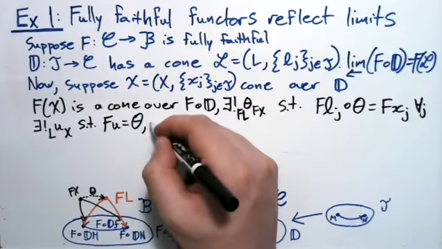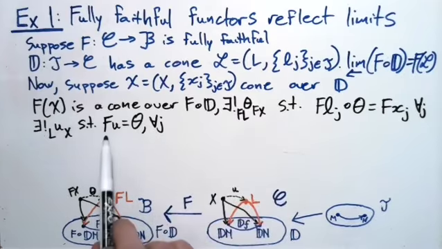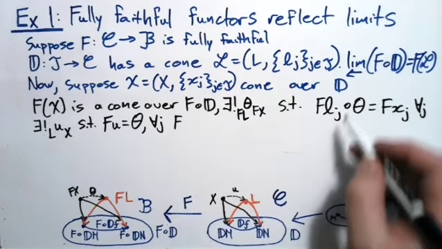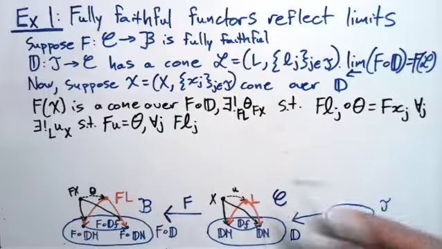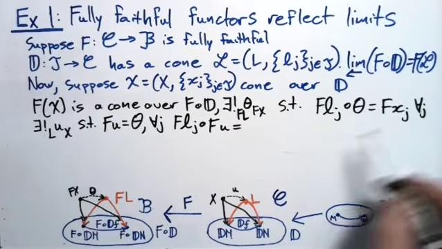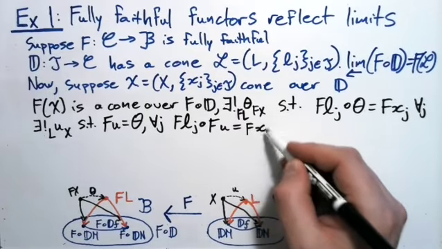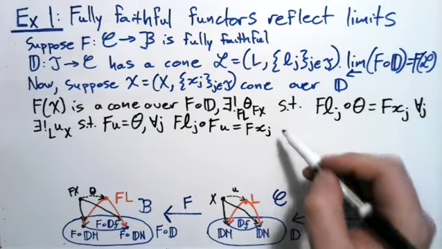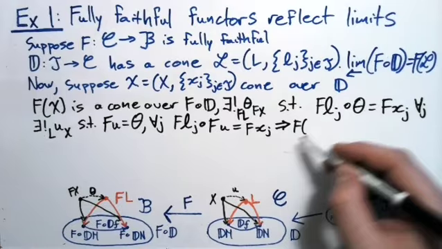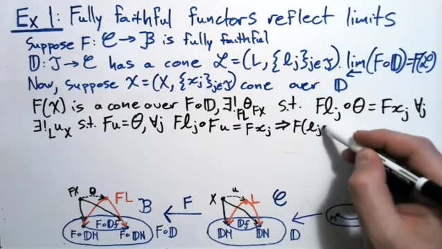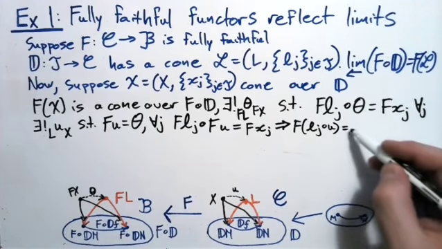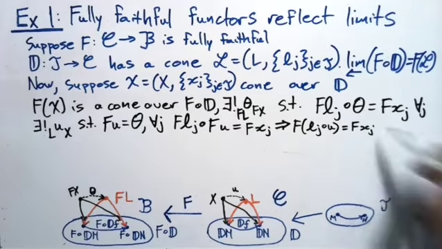But then for all j, we can substitute F U in for theta here, so we get F of L J after F of U is equal to F of X J. And since these are functors, we can combine these and just say that this is F of L J after U, and this is equal to F of X J.